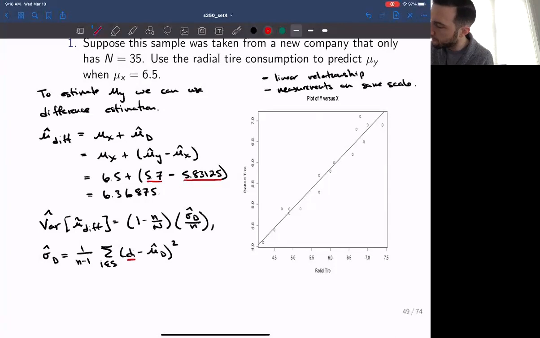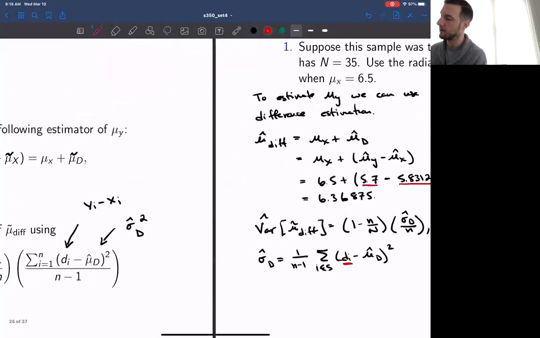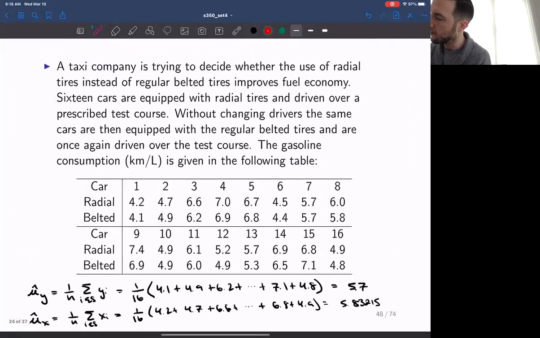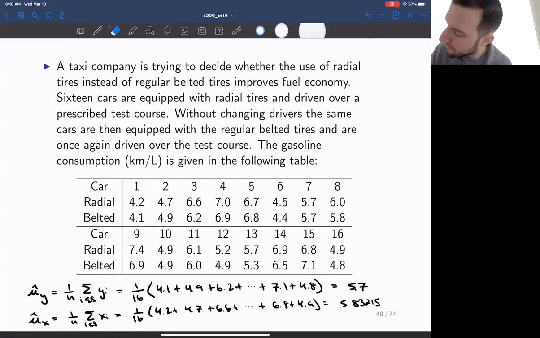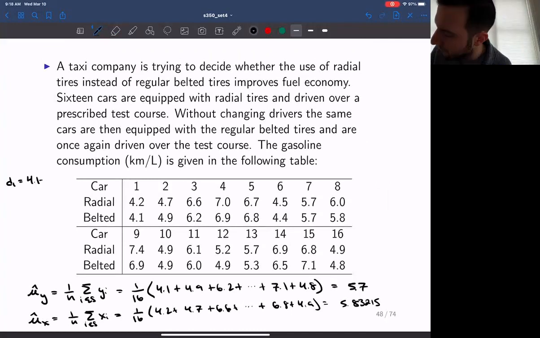Okay, so for example, going back here, we can show, for example, that d1 is equal to 4.1 minus 4.2, which is negative 0.1.